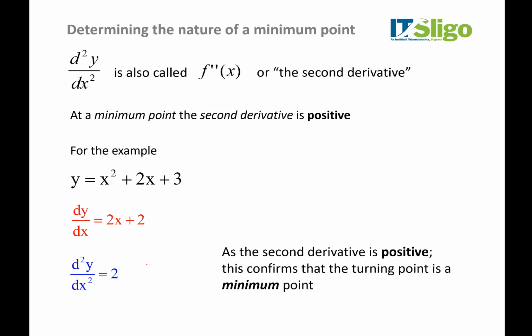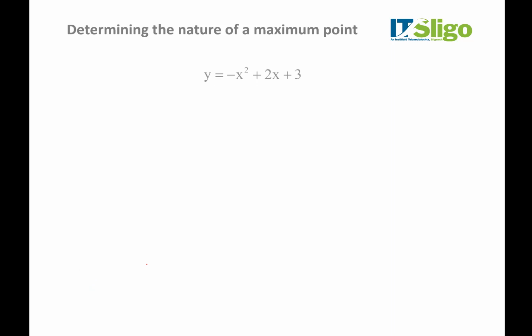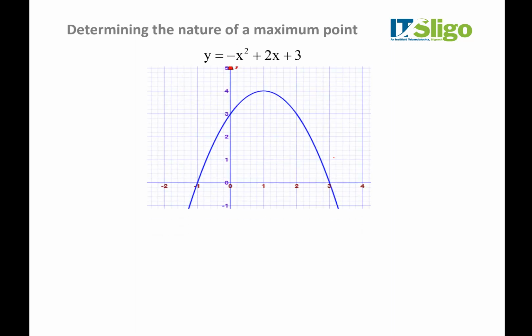So we look at a maximum point now. So here I've just changed the sign on the x squared, so we're now not a smiley kind of curve, a maximum point. And if we look at the slopes, the slope here is very positive. Getting less positive, the slope is 0. And now the slope starts to go downhill and get more and more negative. So we start with positive and we end up with negative.